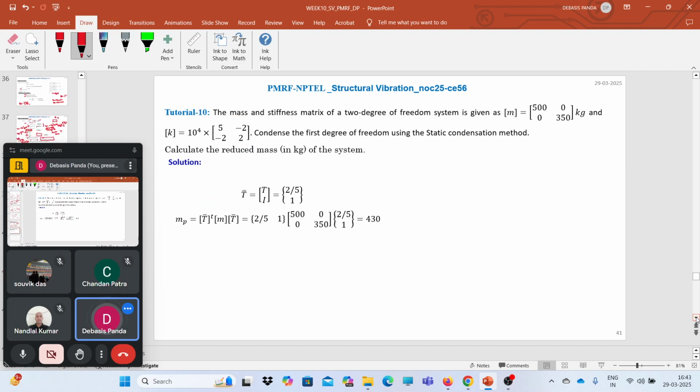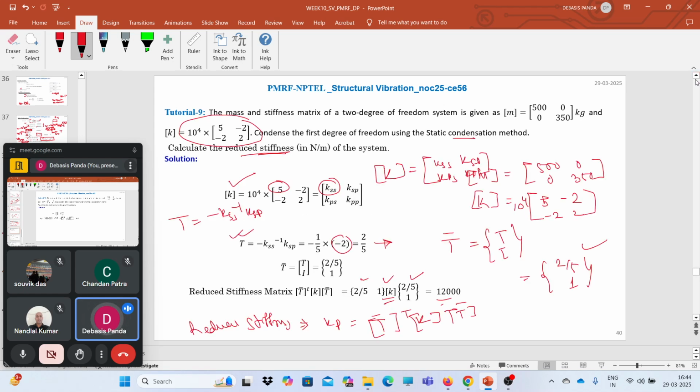let's see the values. For the reduced mass matrix, we have already calculated the reduced stiffness matrix, so we need the value of T bar. First we need to calculate the T. T is nothing but minus KSS inverse into KSP. Already KSS and KSP you have calculated here. All the values we have. Now T bar also we have calculated.